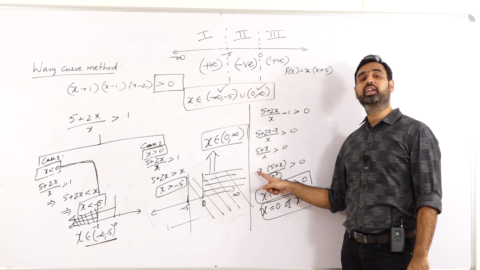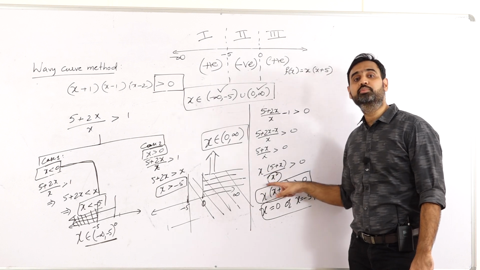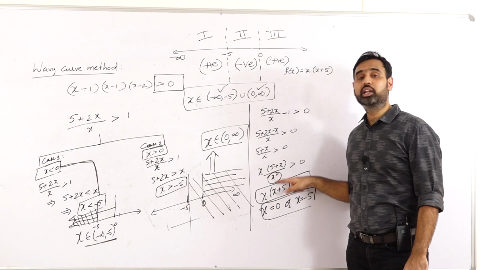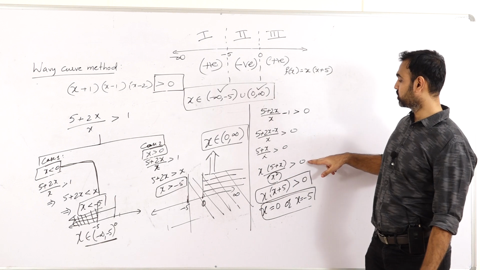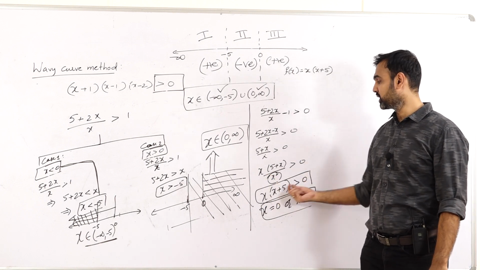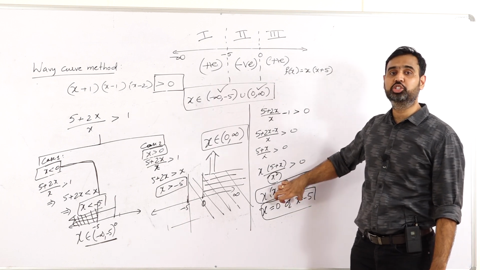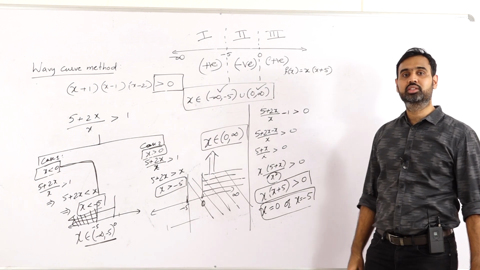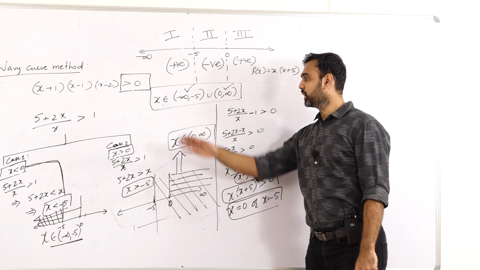I am multiplying and dividing with x on the same side, so that the denominator becomes a whole square. And when the denominator becomes a whole square, you can now shift this to the other side because it is a positive value. So x into (x plus 5) greater than 0. Now apply wavy curve method to understand the region where x into (x plus 5) is greater than 0, and that gives you this. We will look at the entire solution.